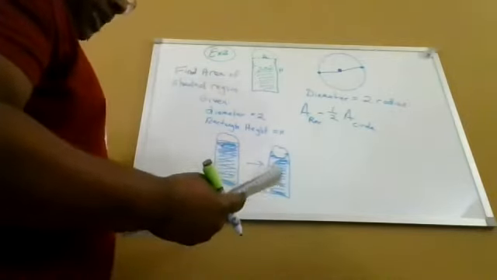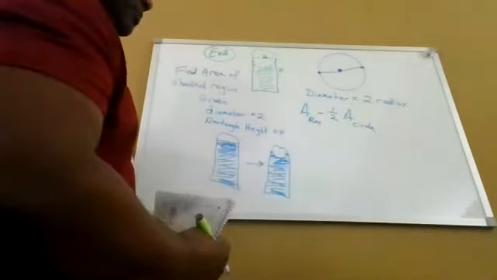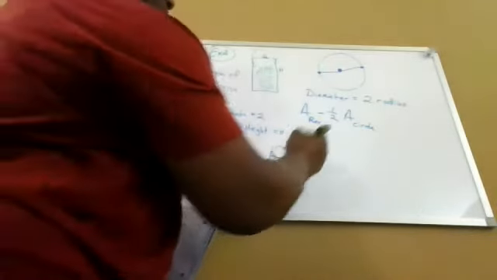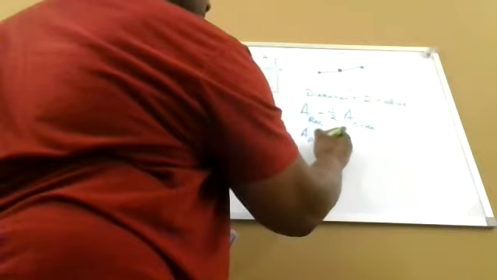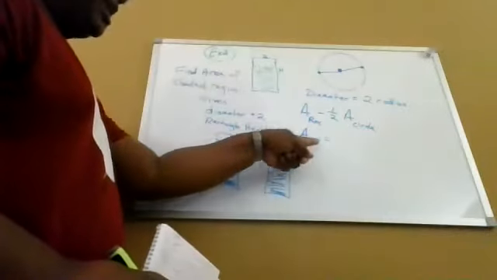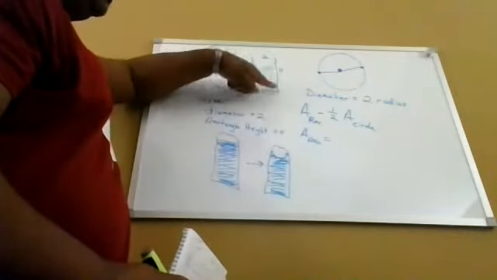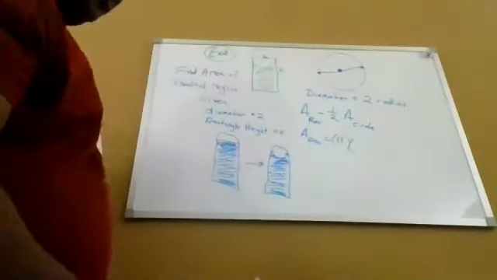So for the area of a rectangle, well, that's just length times width. So area of rectangle equals, well, the length of it is 11. And the width of it is 2.